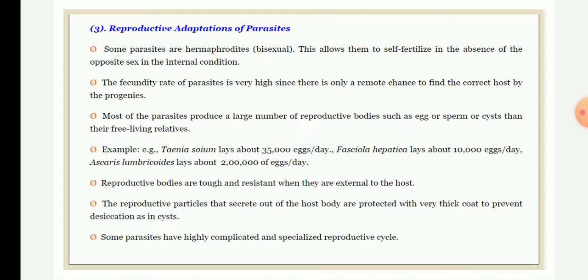The presence of the intermediate host minimizes the exposure period of the parasite and its larval stage to the external environment. This is the advantage of a life cycle with an intermediate host plus a primary host. Okay, this is about the physiological adaptation in parasites.